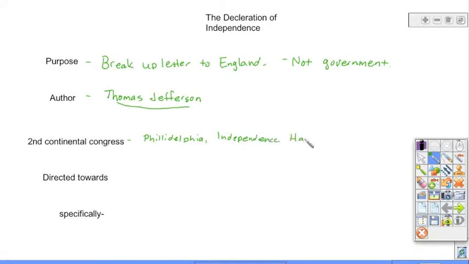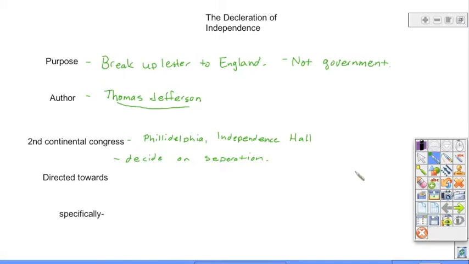The Second Continental Congress was really called to discuss exactly what should be done with England, and after disputing for a while, this is the group that finally decides we must separate from England. And that was really a controversial issue. In 1776, not every single person was convinced that breaking away from England was really the answer to all the colonies' problems.